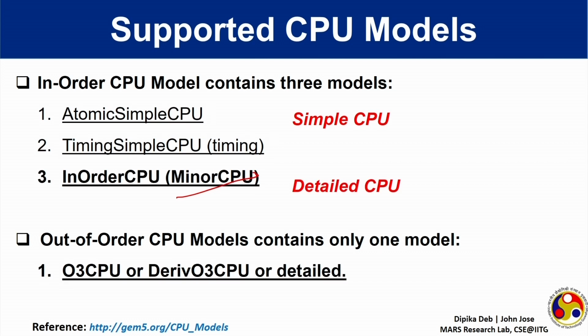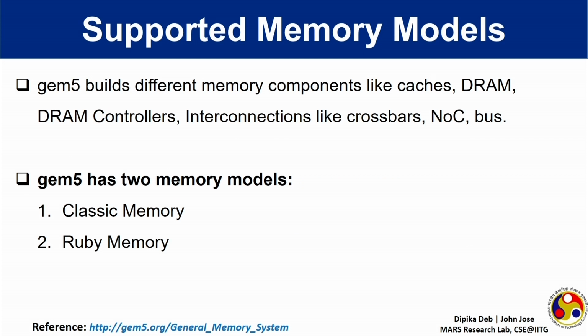Moving further, gem5 builds different memory components like the caches, that is L1 cache, L2 cache, main memory, DRAM controllers, and also the interconnection backbone. To implement the memory system, gem5 uses two memory models, that is classic memory and Ruby memory. I will defer the discussion of the Ruby memory module to the next video.